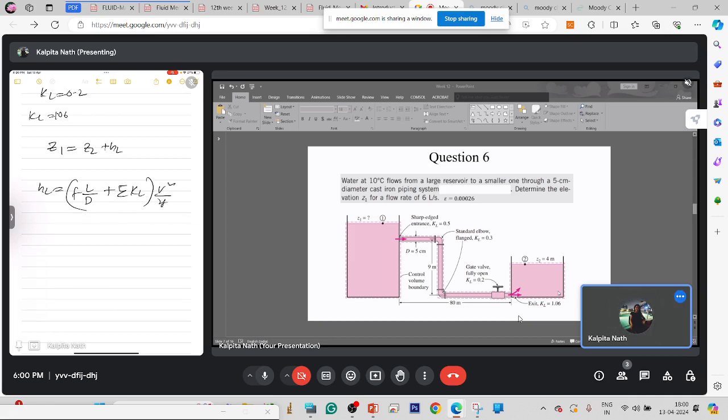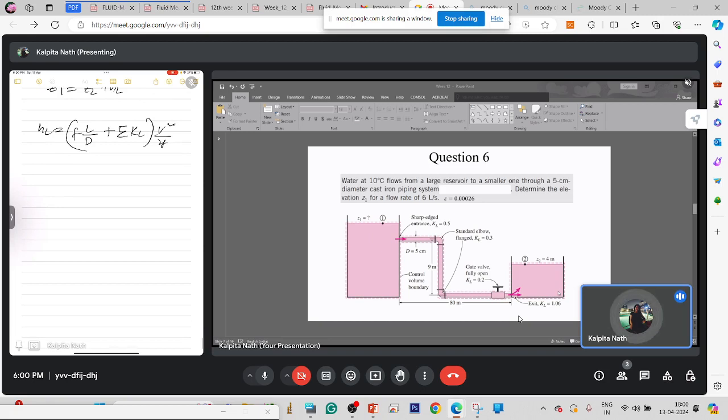The diameter of the pipe is constant, so there will be only one average velocity, V equals Q upon A, where A is pi D square by 4. So this is equal to 0.006 meter cube per second divided by pi times 0.05 meter whole square by 4. This is equal to 3.06 meters per second.